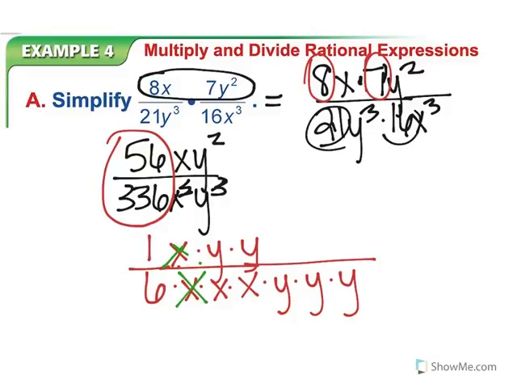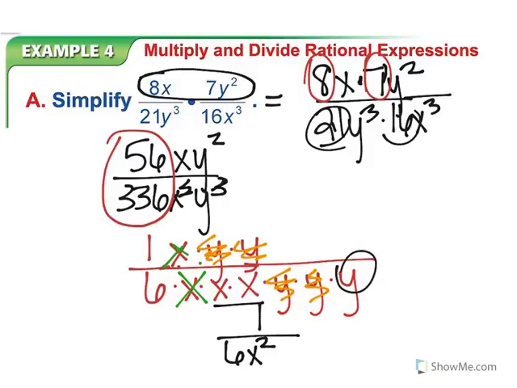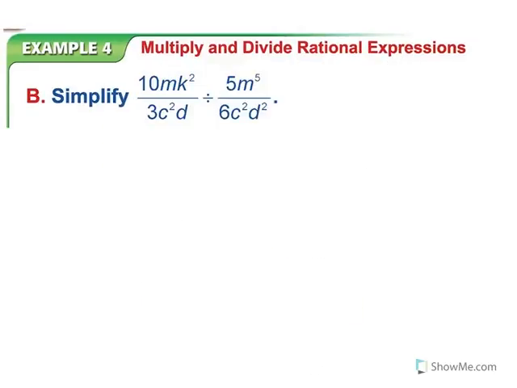And then these 2 y's will cancel with these two. So our answer is going to be 1 over 6. We have 2 x's, so x squared. And we have 1 y left, so y. And that's your answer.